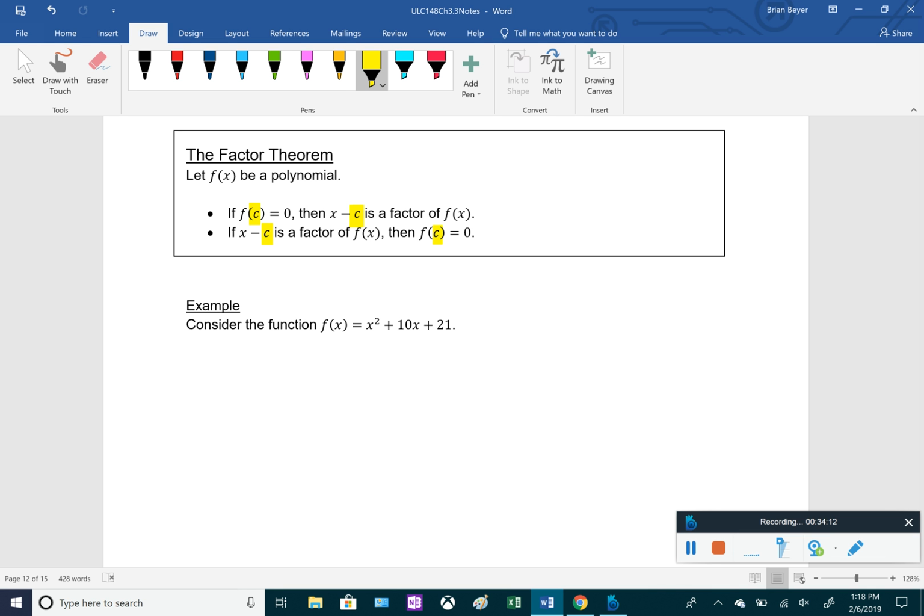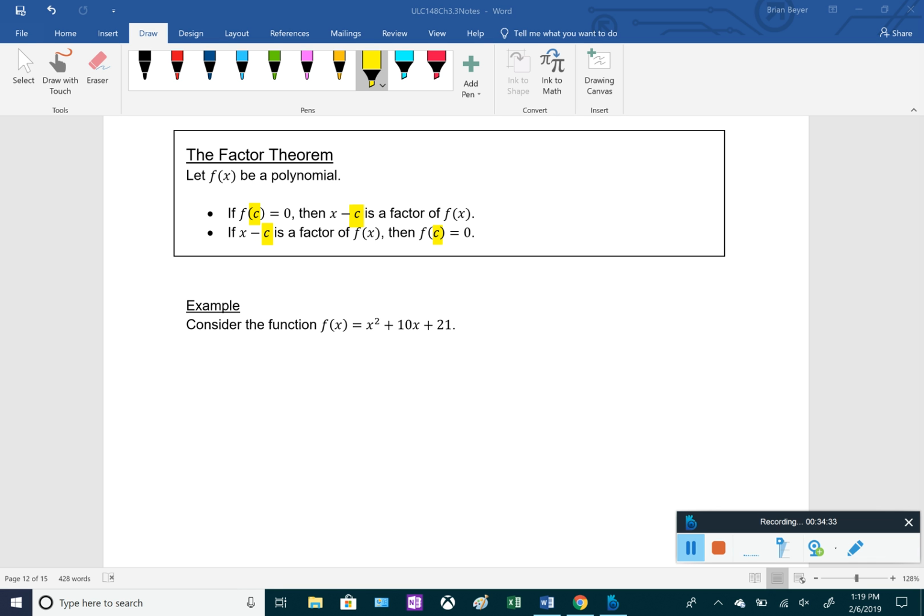So let's see an example here. Let's consider f of x equals x squared plus 10x plus 21. This is going to have two x-intercepts. So f of -3 is going to be 0, and so is f of -7.